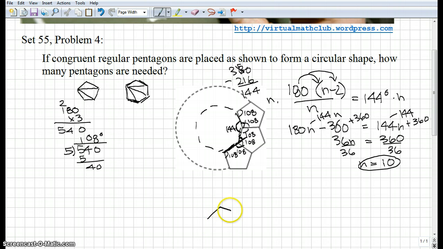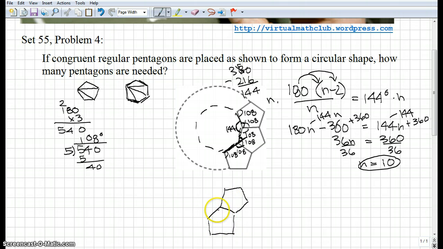Okay, I'm going to draw this pentagon that I was working with before, as well as I can draw the pentagon. And then I'm going to draw the other pentagon here. I'm drawing terrible pentagons here. All right, so there's two poorly drawn pentagons.